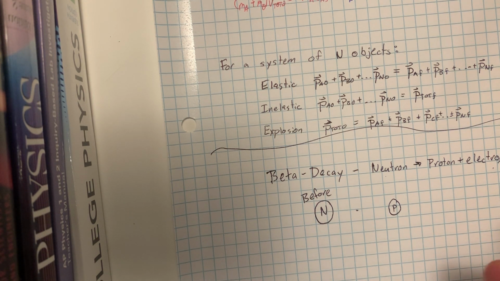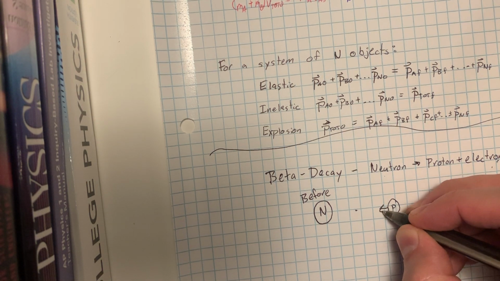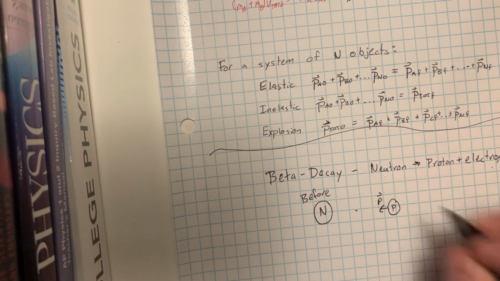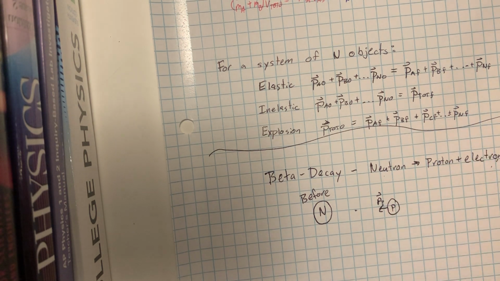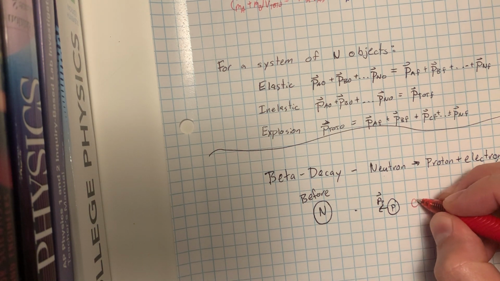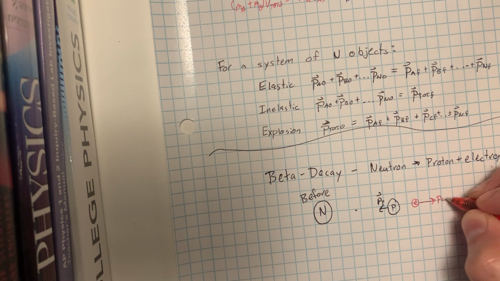And don't quote me on it if it's like 32, don't at me in the comments. I love reading your guys' comments, by the way. It's been really informative. But this is going to have a momentum going one way, so I'm just going to write that as Pp. And then there's going to be an electron that has a momentum going the other way.